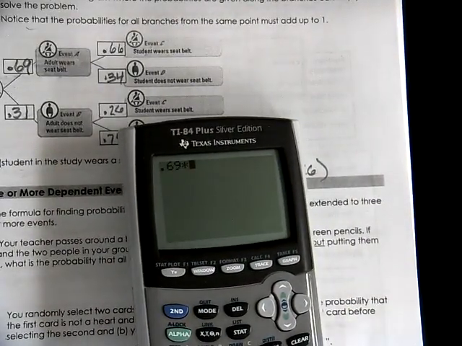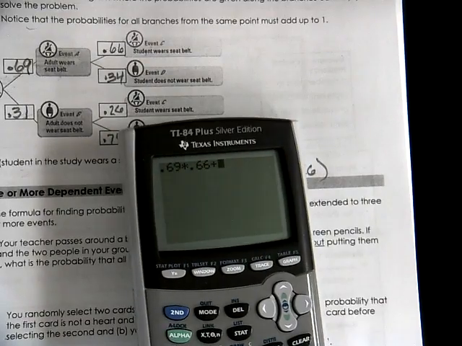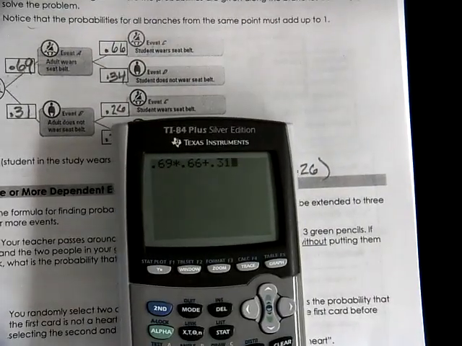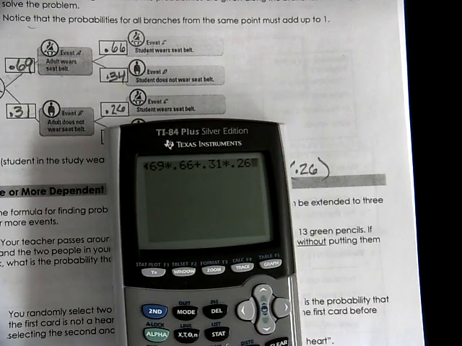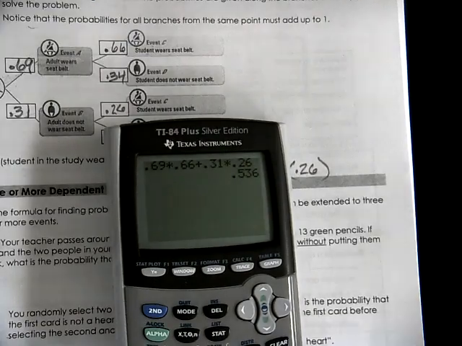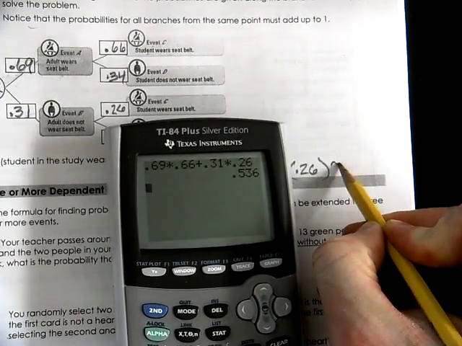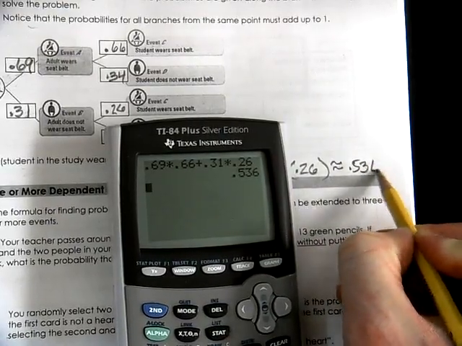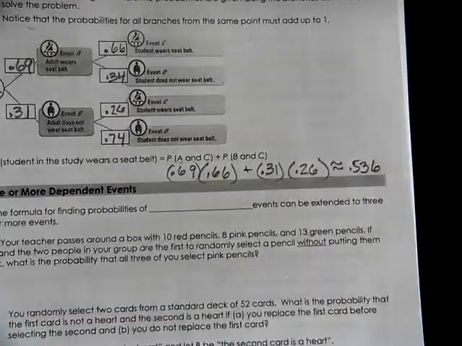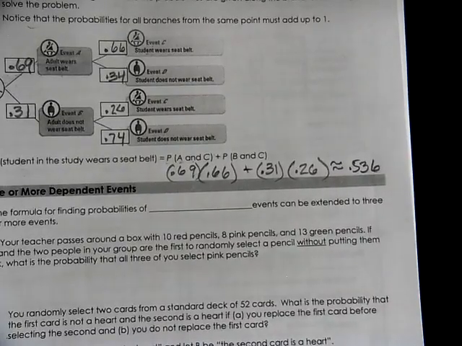So 0.69 times 0.66 plus 0.31 times 0.26. So in this study, 0.536.